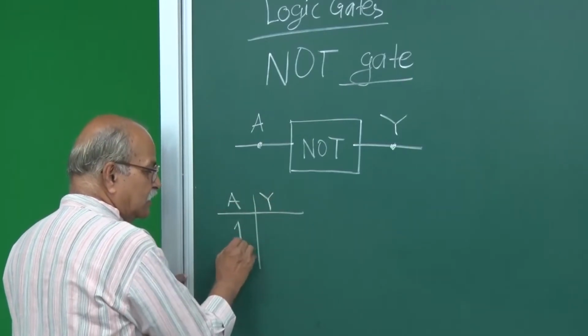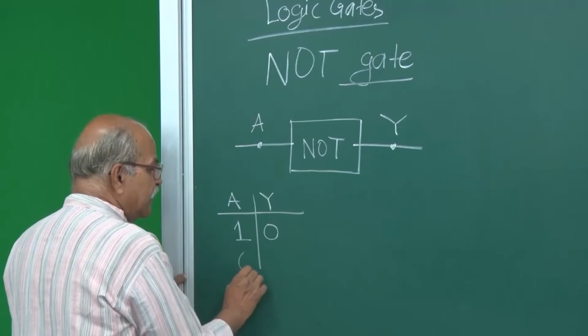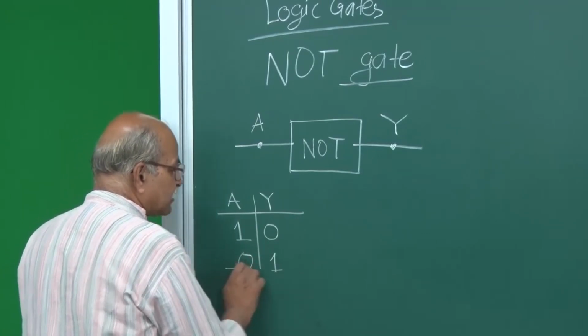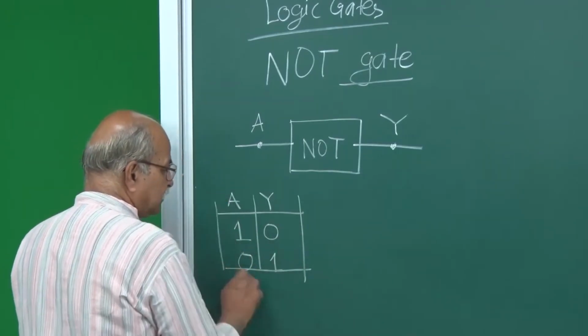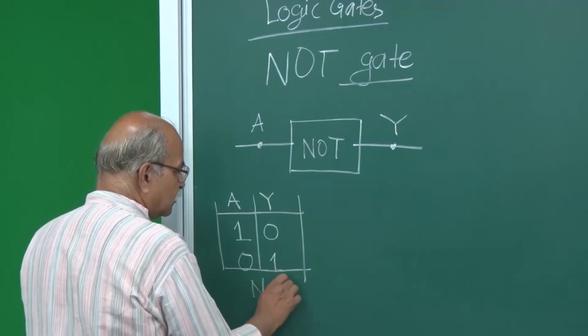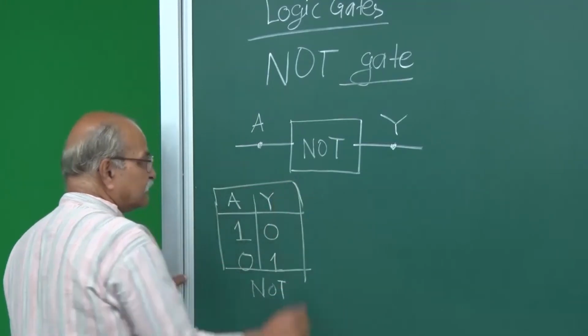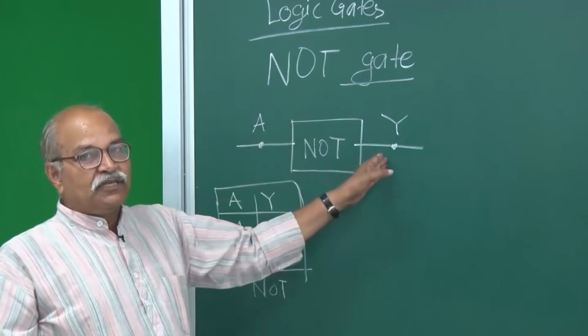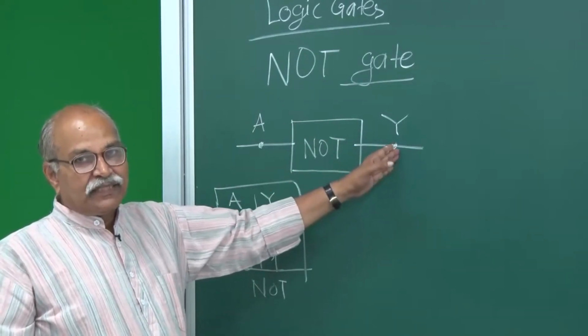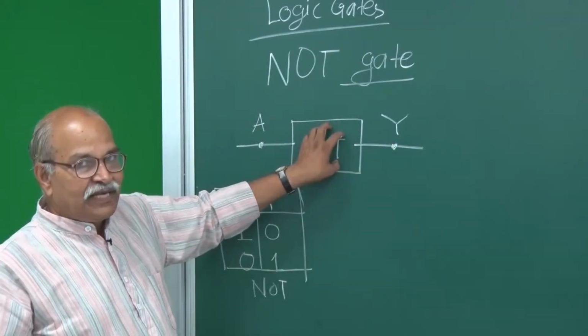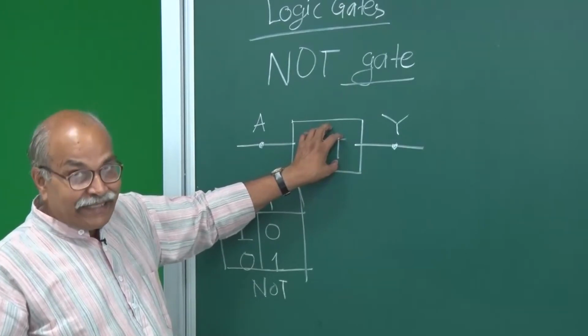If A is 1, then Y is 0, and if A is 0, then Y is 1. This is the truth table for the NOT gate. That kind of circuit is known as a NOT gate.